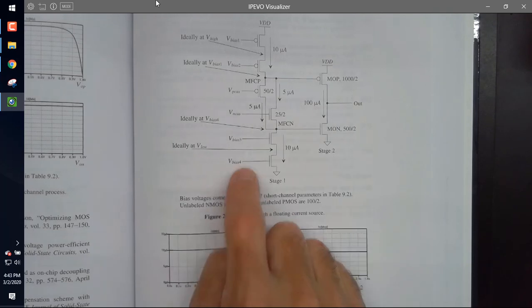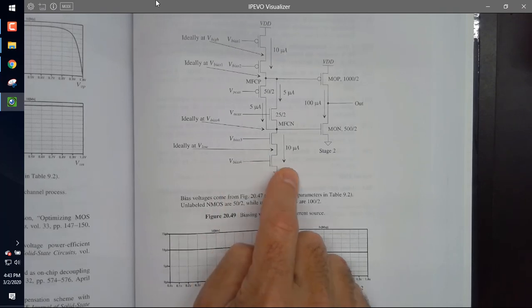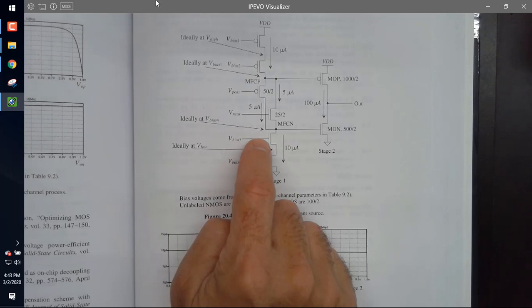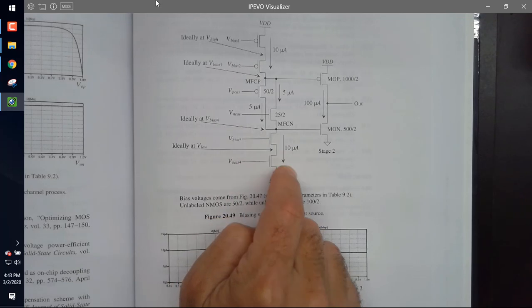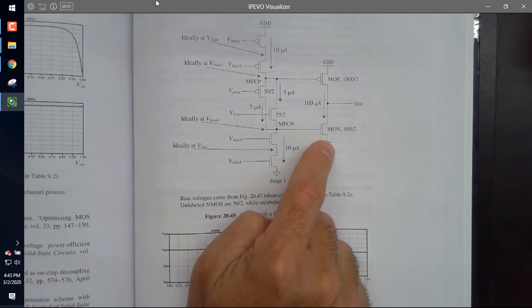Then what is V bias 4? VGS. What is V bias 3? VGS plus VDS sat. And what is, one more time, VN CAS? 2 VGS.